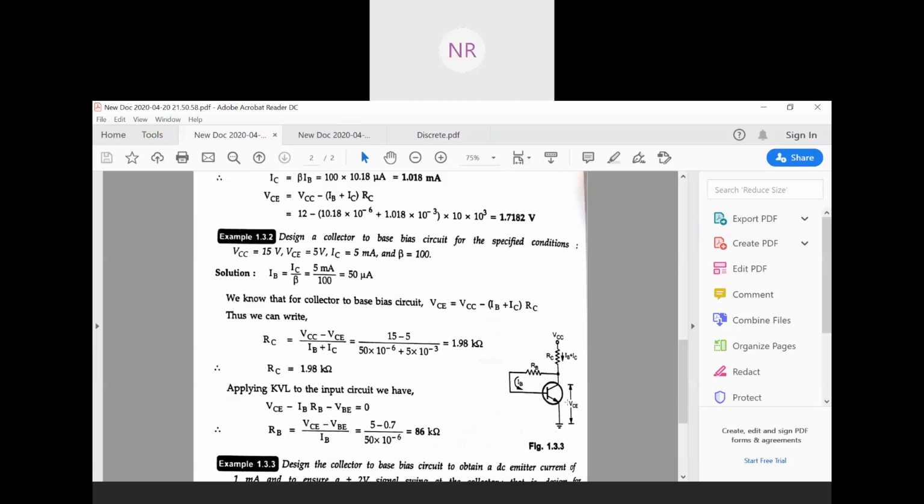So it is VCE minus IB RB minus VBE. This is the one loop they have considered. So they are going to rearrange that equation to obtain RB. RB is equal to VCE minus VBE divided by IB, which is equal to 5 minus 0.7 divided by 50 micro, 86 kilo.